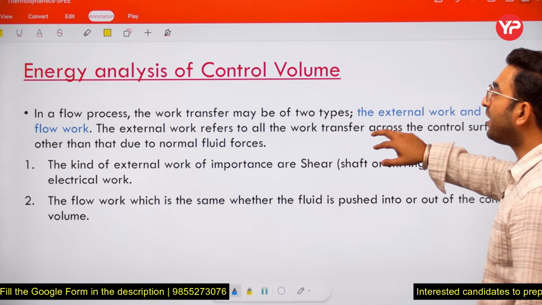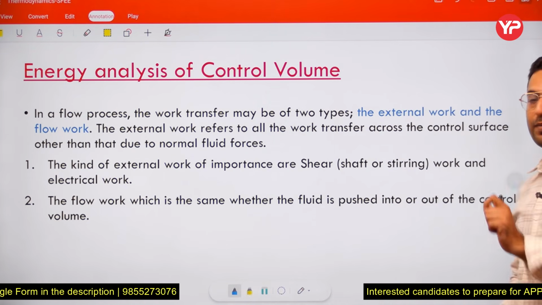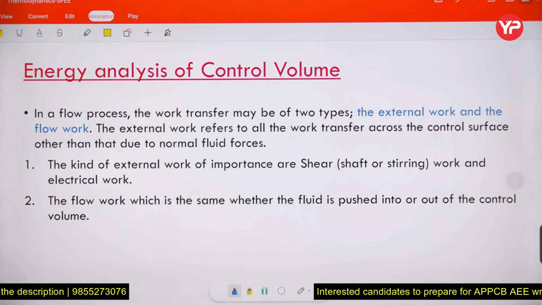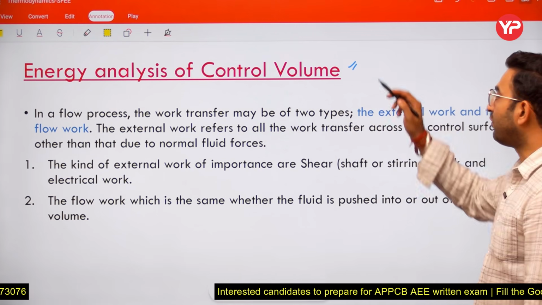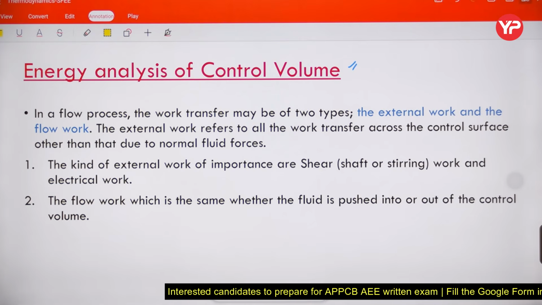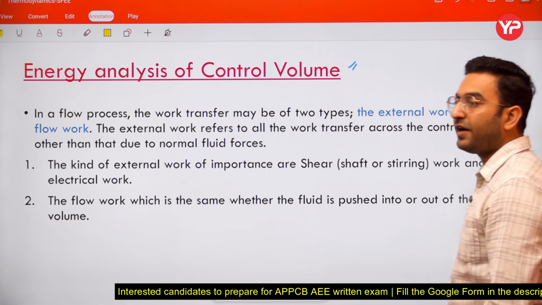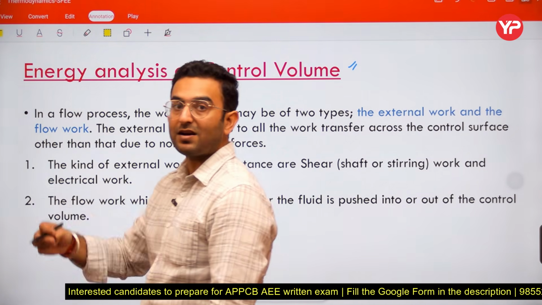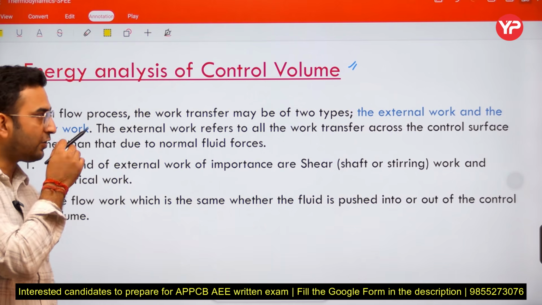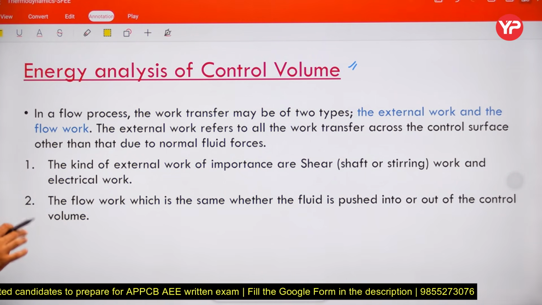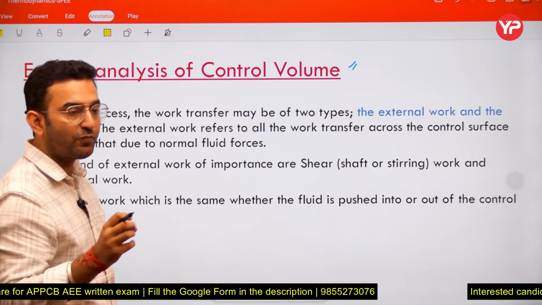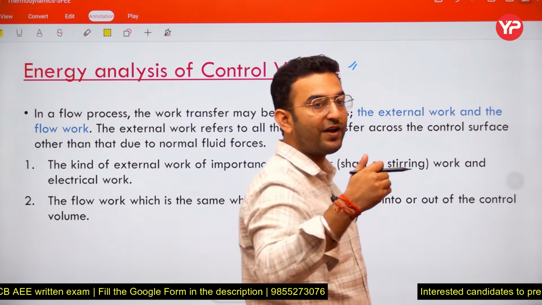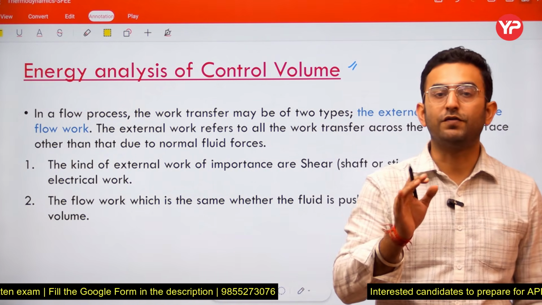Now coming back to the next part, we are going to do the energy analysis. So the first part, that is mass analysis, has been done inside the control volume. Now we are going to talk about the energy analysis of a control volume. So what are the different types of energy, or how can energy transfer inside the system? Whenever we talk about the energy analysis, we have to see the different types of energy associated with the fluid.